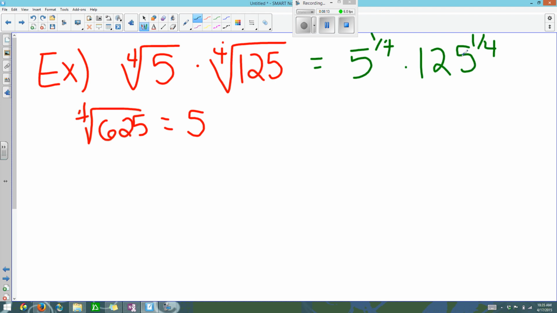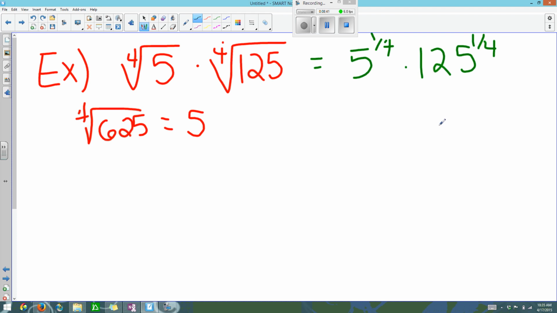But what could I do to the 125 where I have a common base? So here we don't have the same base, right? But I can change 125 to have a base of 5. So I can change 125 to have a common base of 5.